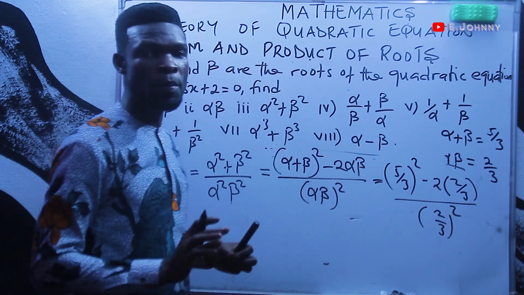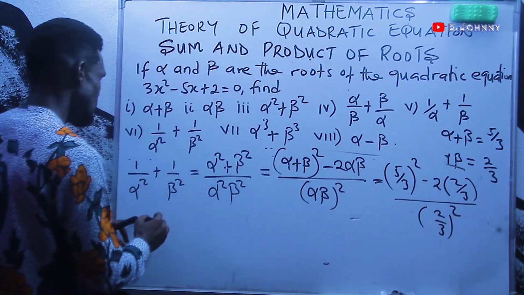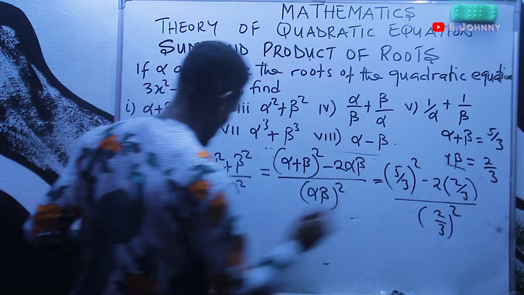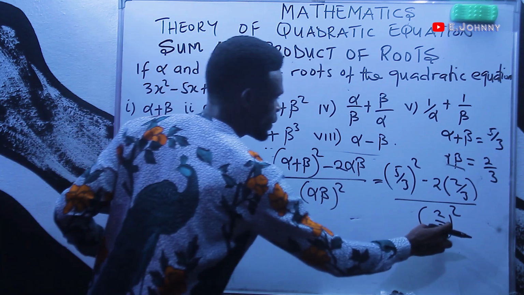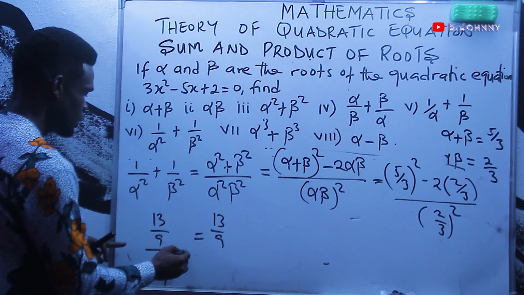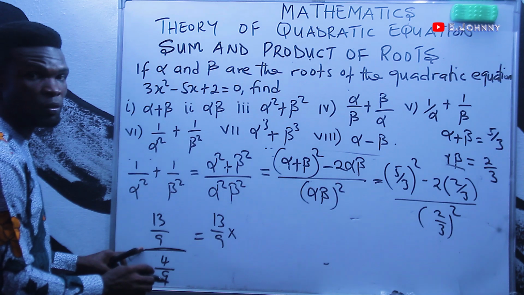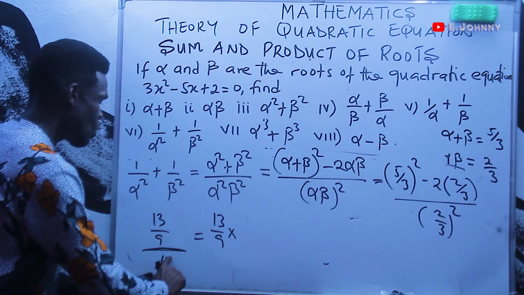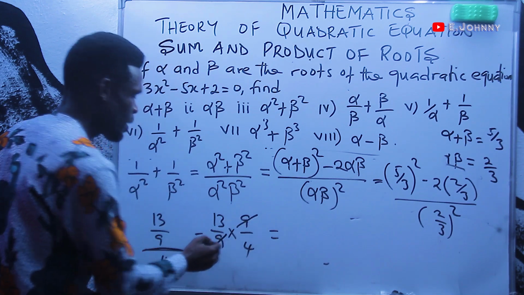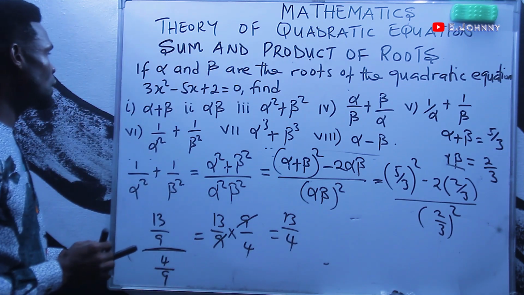Now remember that we have already simplified this numerator previously, and the answer was 13 over 9, divided by 2 squared, which is 4, all over 3 squared, which is 9. So this is equal to 13 over 9 divided by, which will now change to multiplication. Then 9 will go up, 4 will come down. You have 9 over 4. So 9 and 9 will go. You are left with 13 over 4. You are done with that.